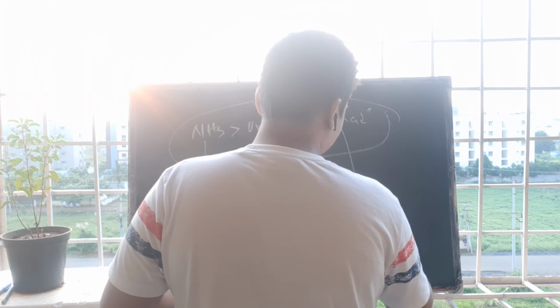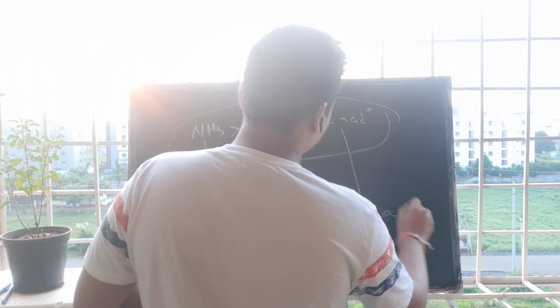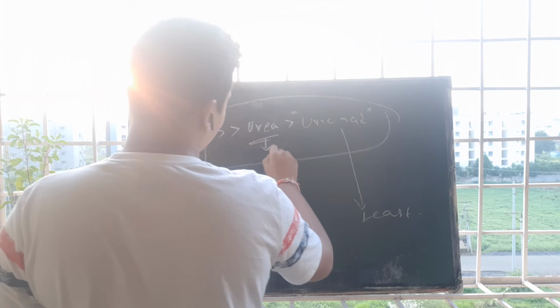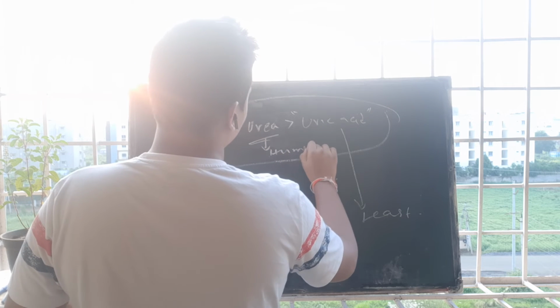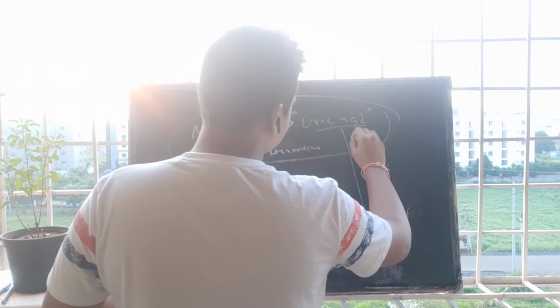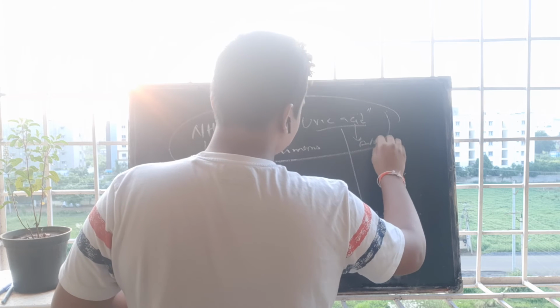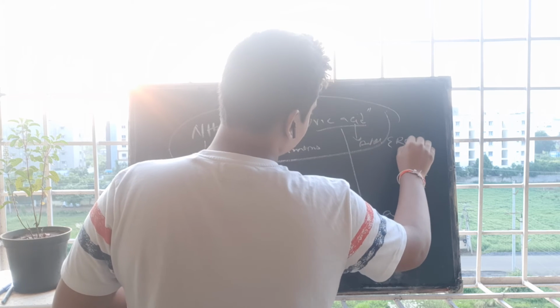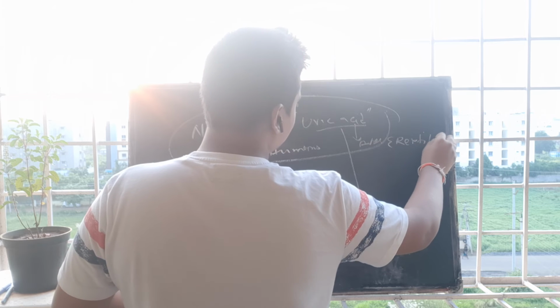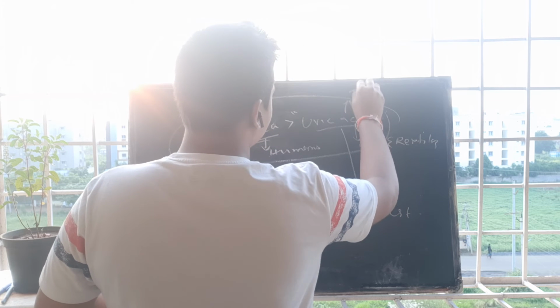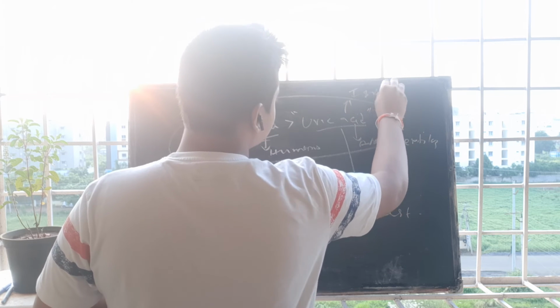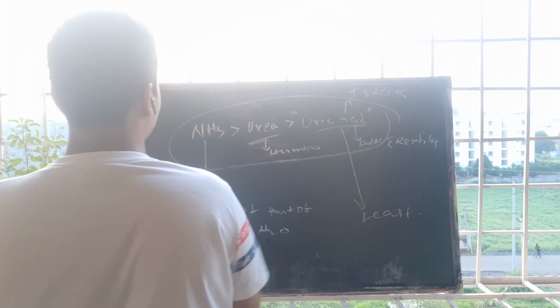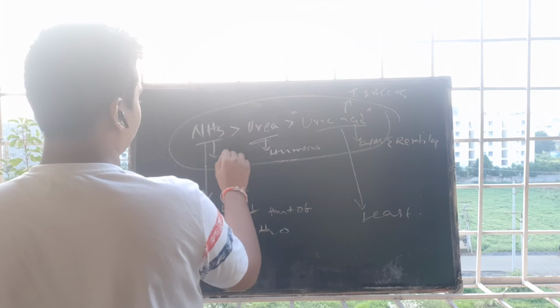This one the least. This is in the middle, and humans belong to this. Birds belong to this, Aves, and reptiles mostly, and also insects. Ammonia is excreted by aquatic animals.